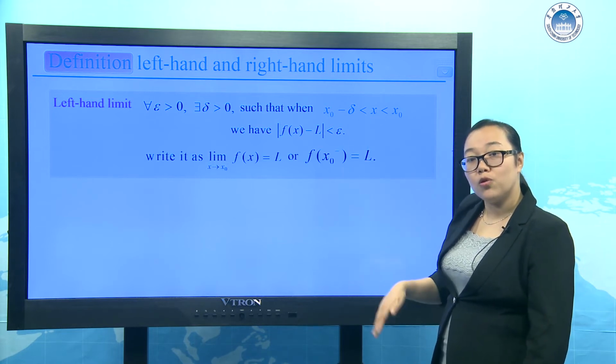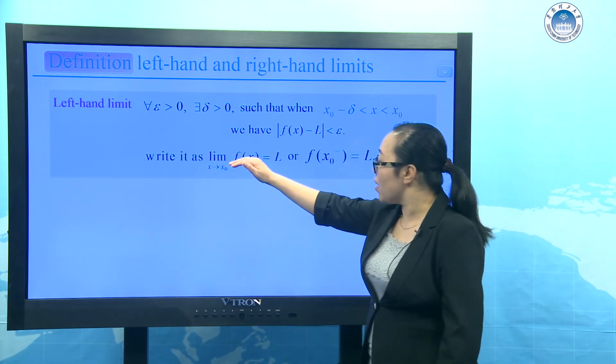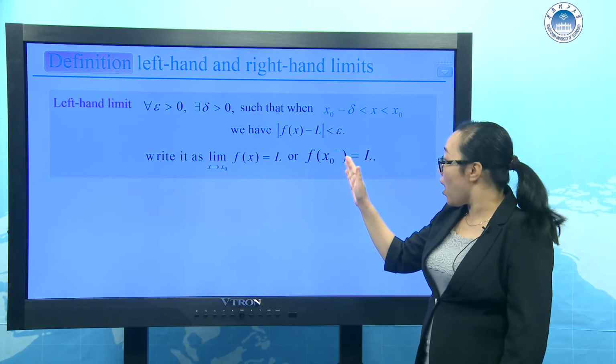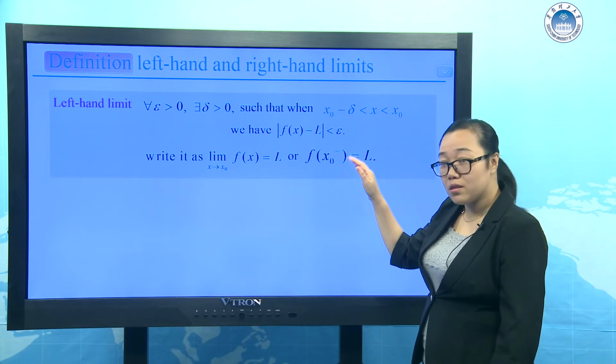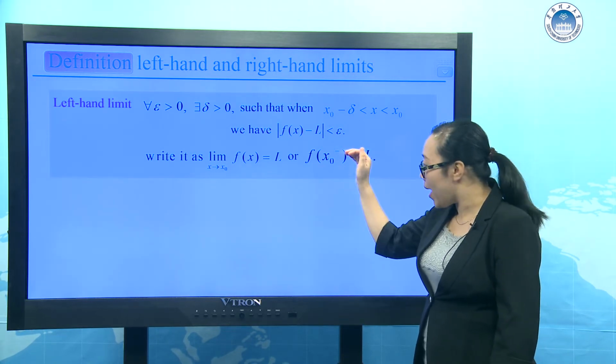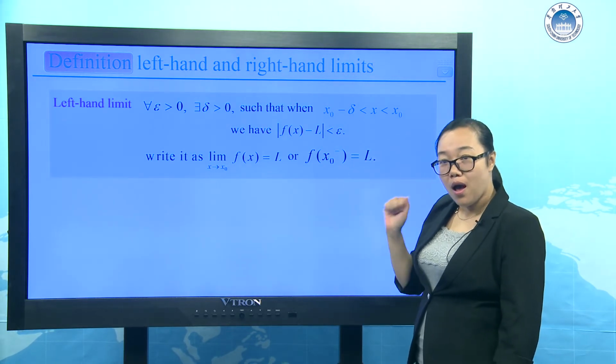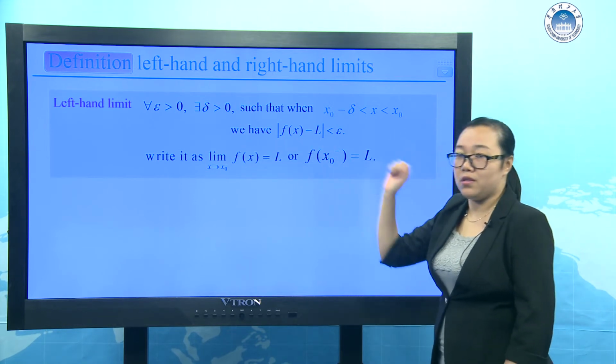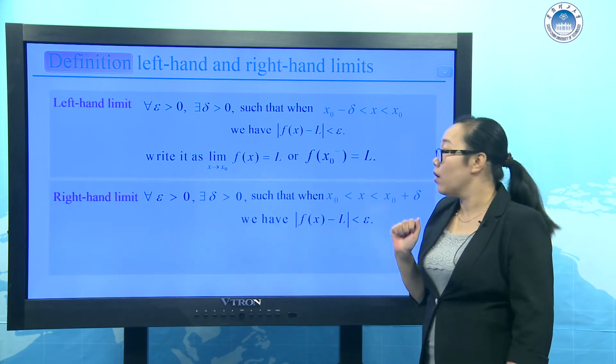At this time, write it as the limit of f(x) equals L. Sometimes write it as f(x0 minus), pay attention to the minus. This means x tends to x0 from the left side equals L.